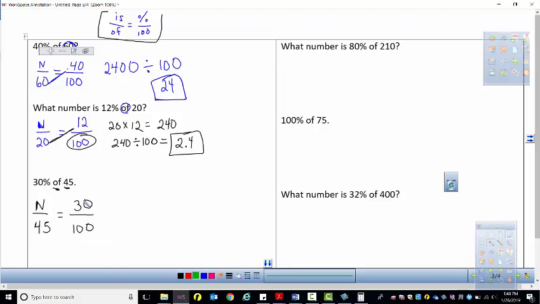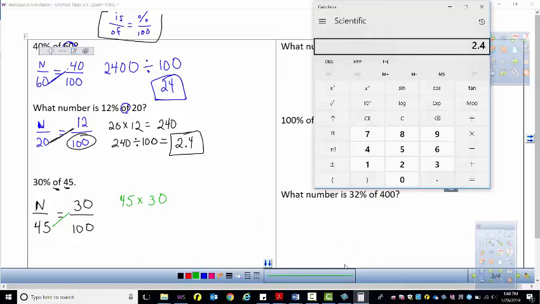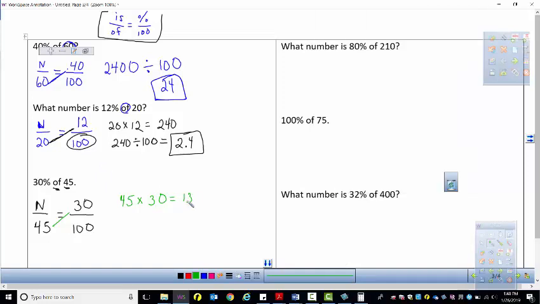And I multiply the two numbers that I know. So I'm going to take 45 times 30. I get 1,350.